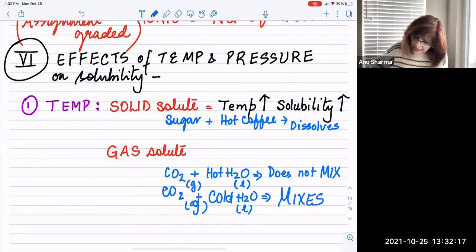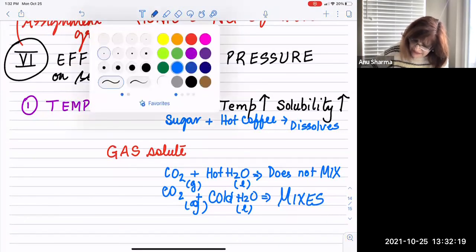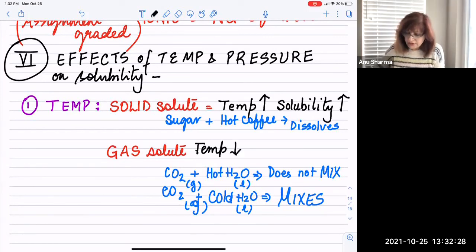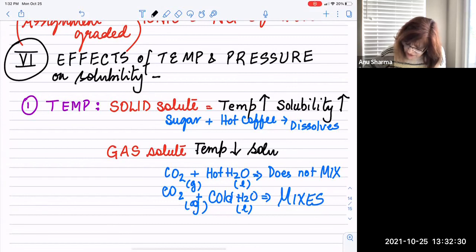So for gases, if the gas is a solute, when the temperature goes down, means cold, then the solubility increases. So keep in mind that it's opposite.